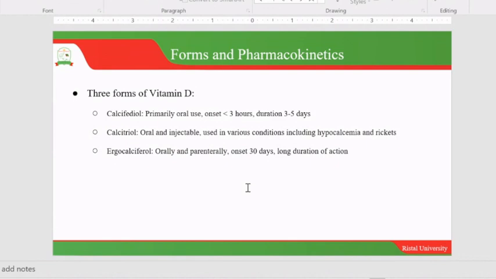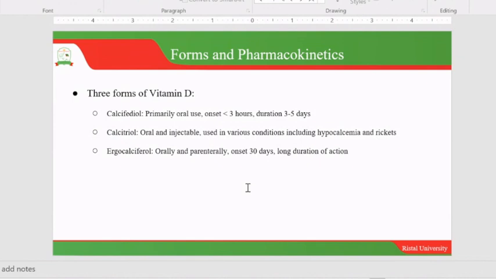And for the calcitriol, it is oral and also injectable intravenously. Here we are looking at it being used in conditions where people are having hypocalcemia and rickets. In order to increase the levels of calcium in blood, we are trying as much as possible to inject people with calcitriol.